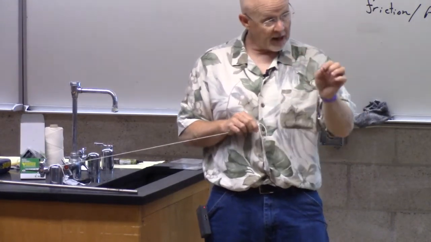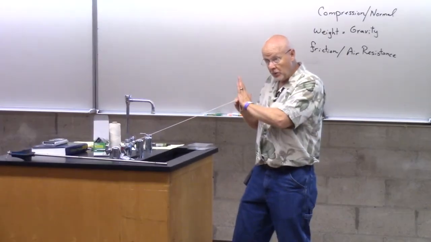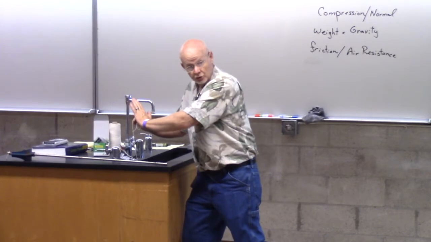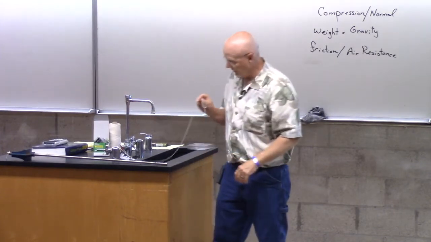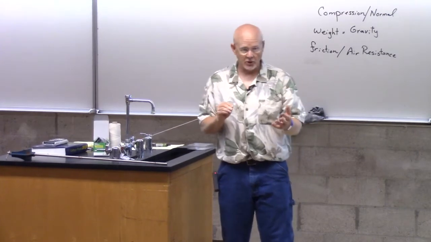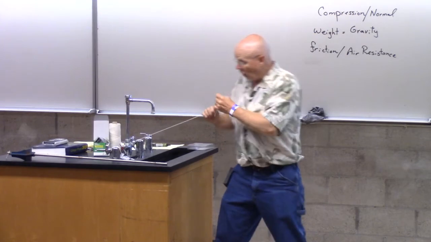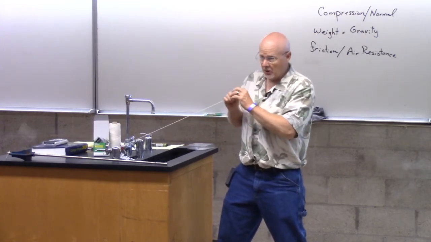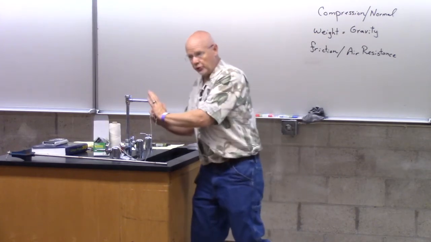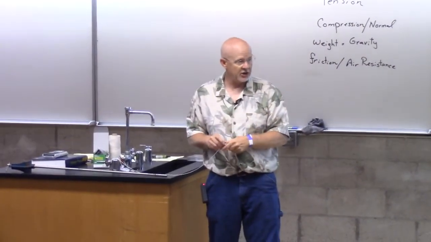Now, a compression would be what happens if I were to push. Now, you can see that for a string, that's not going to happen. So anything that's flexible, a string, a rope, a cable, a chain, you can pull on it, and so you can have tension, but you can't push with it, so you can't have compression.